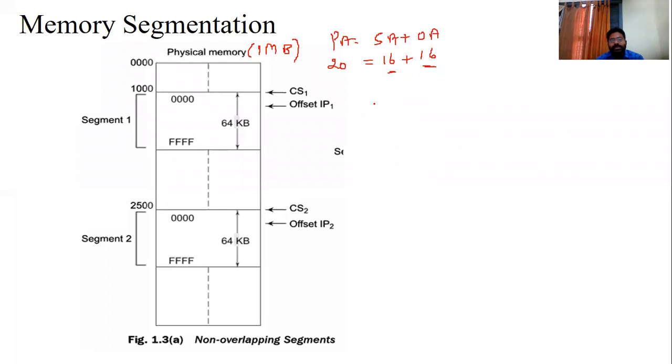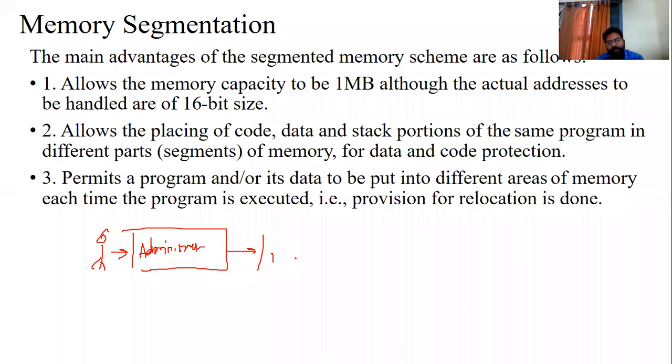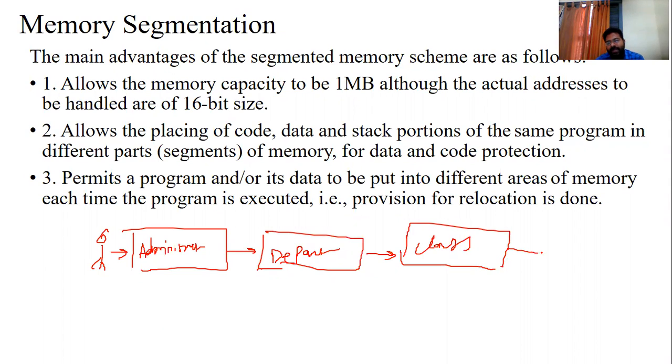Before going to that, in the last class we gave you one best example for this. Whenever a person is coming to the college, first of all you go to the administrative section to identify, then come to the department, then come to the classes, and finally he can identify you.